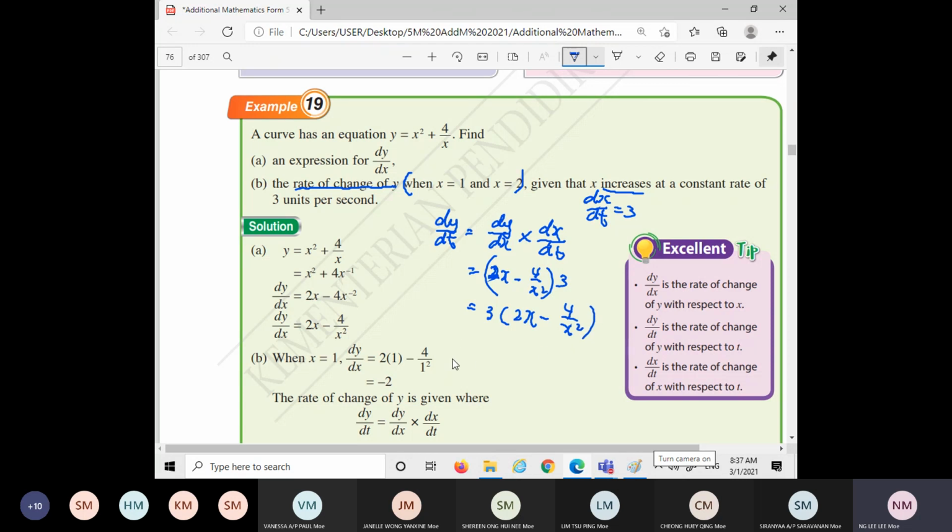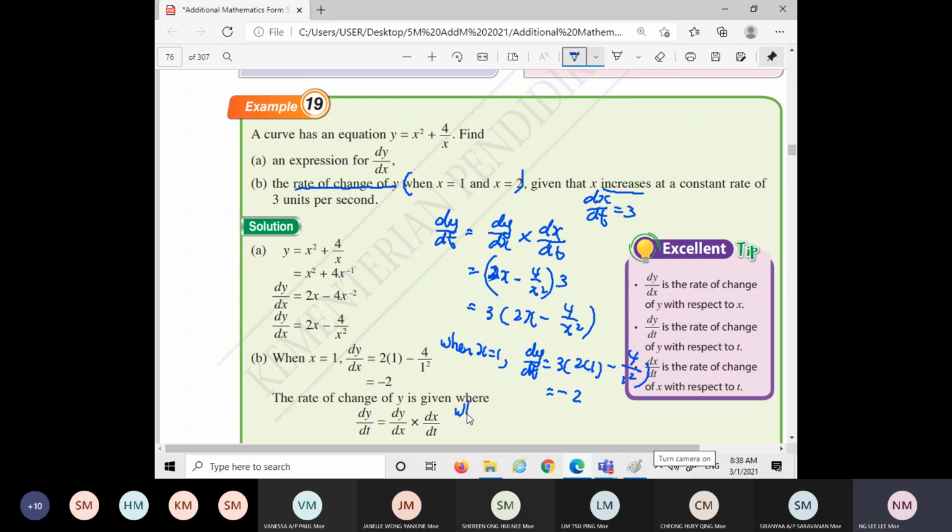Afterwards, they want you to find the rate of change of y when x equals 1. So when x equals 1, substitute x is 1 here. So what is dy/dt? 2 times 1, and then 4, 1 squared. The answer is -2.